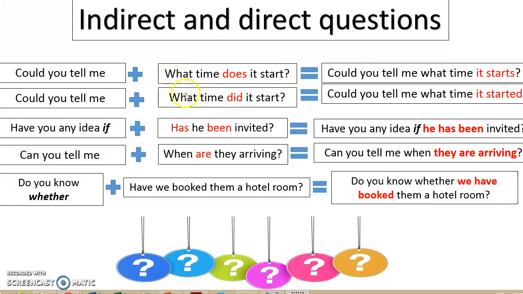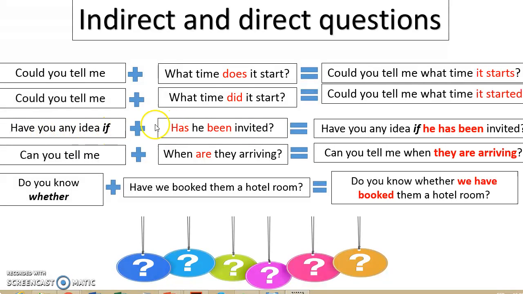Now, as you could see, these two questions are with WH question words. What, right? Here we are going to do one which is a yes/no question. For example, has he been invited? Here I only have two options to answer, yes or no, right? Yes, he has. No, he hasn't. Now, if I add the expression, have you any idea, right?